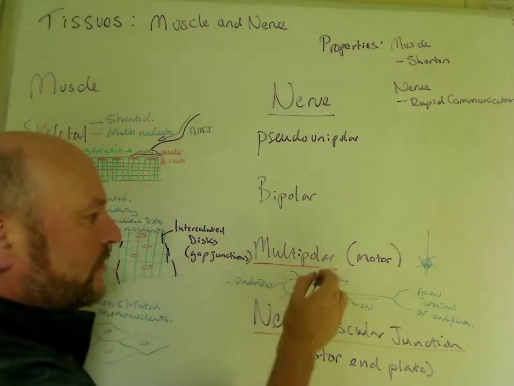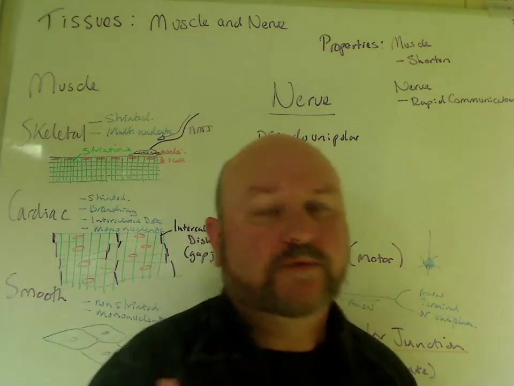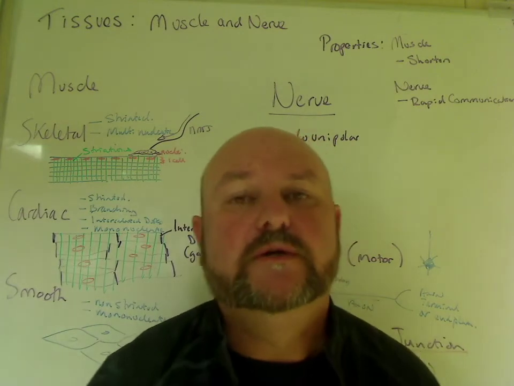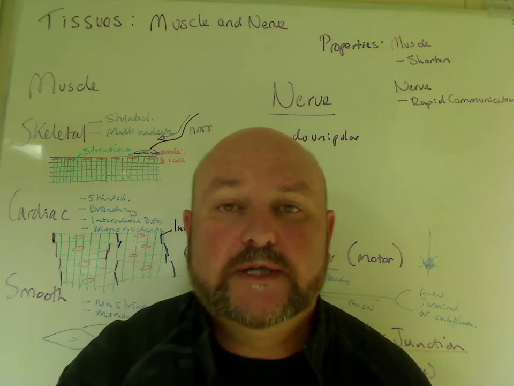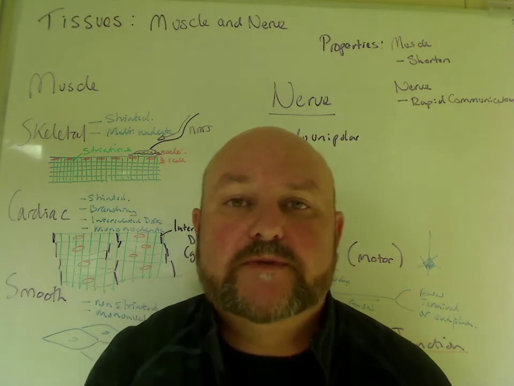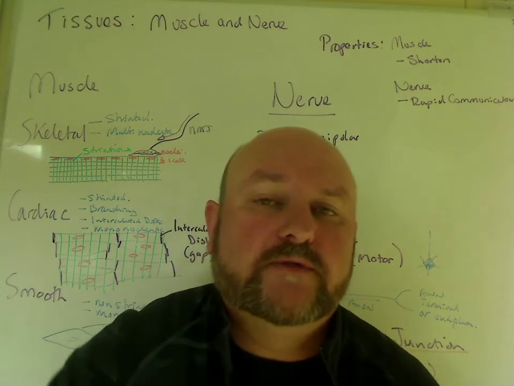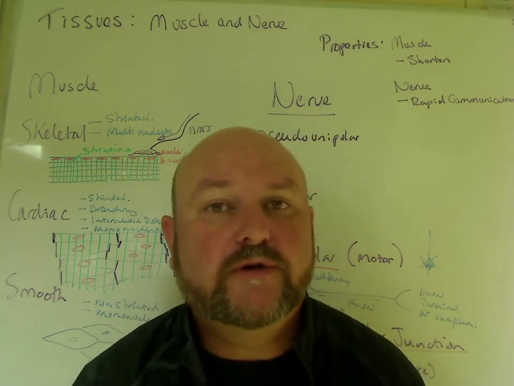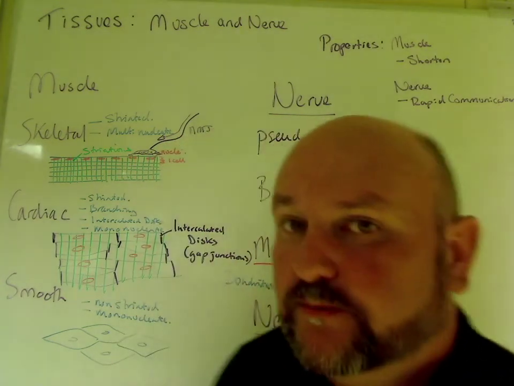Now, multipolar neurons carry information from the spinal cord out to the effector organ. In the case of the somatic nervous system, that's the skeletal muscles. In the case of the autonomic nervous system, that's usually organs of some type. Can also be cardiac muscle and smooth muscle.